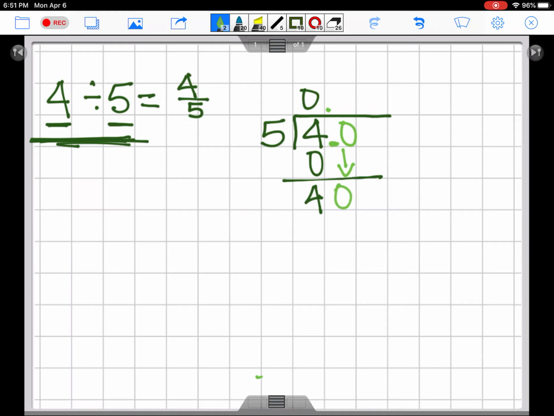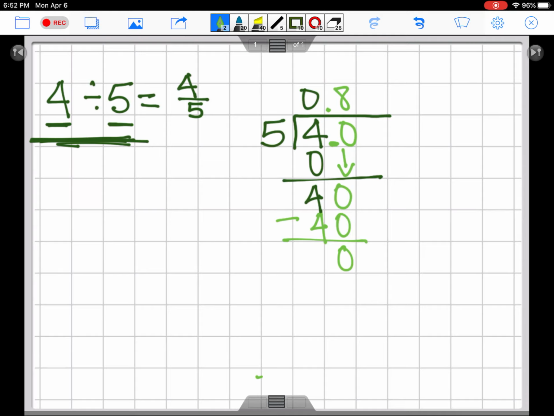Now we can right away say, well, how many times does 5 go into 40? We can count by 5s: 5, 10, 15, 20, 25, 30, 35, 40. I hope you were counting with me. That would be 8 times. We multiply this out. 8 multiplied by 5 is 40, and that leaves us with nothing left.